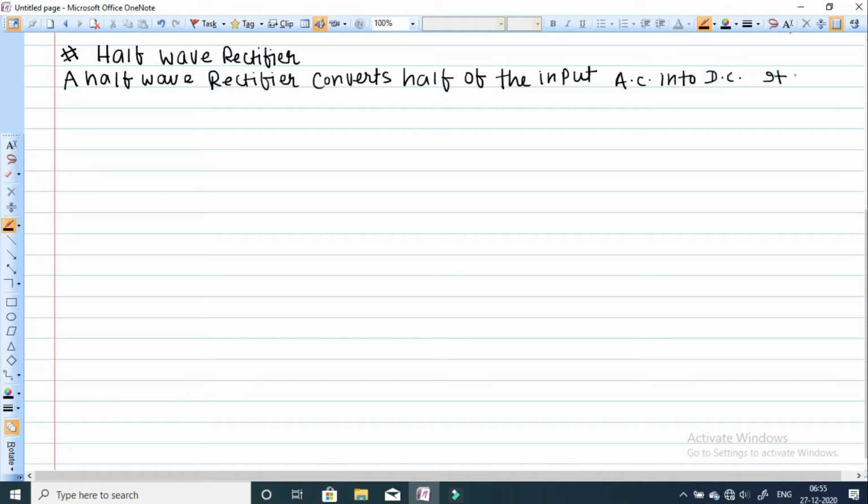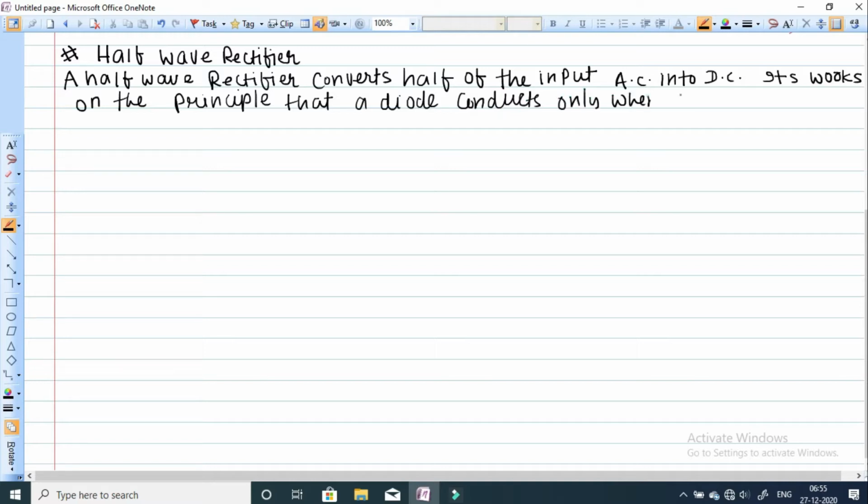It works on the principle that a diode conducts only when it is forward biased. So this is the working principle of the rectifier. Whether it is a half wave rectifier or a full wave rectifier, a diode will conduct only when it is forward biased.